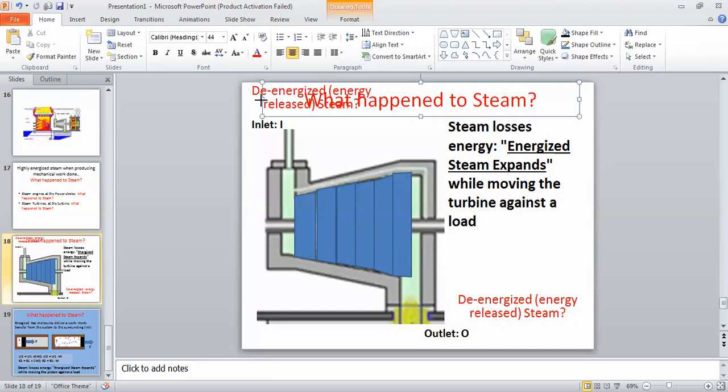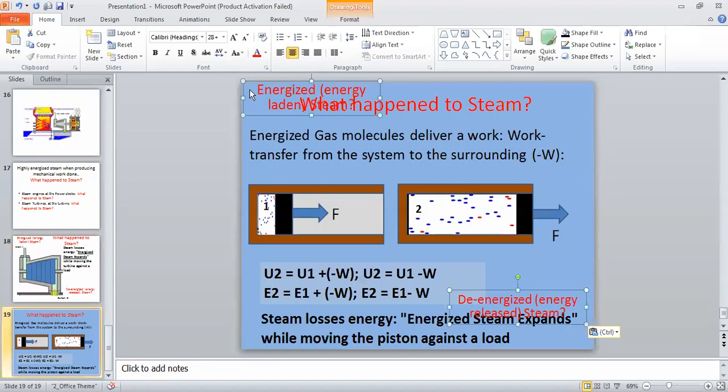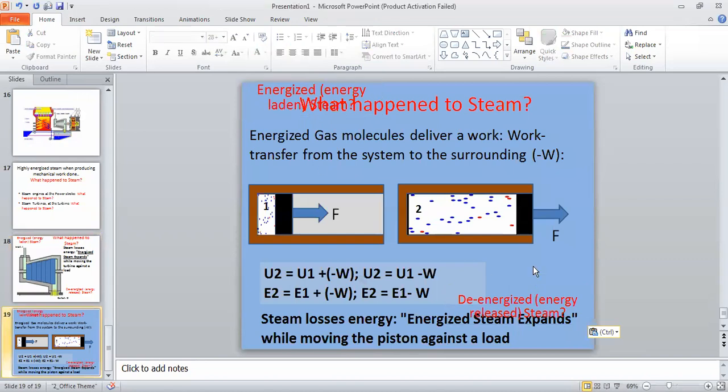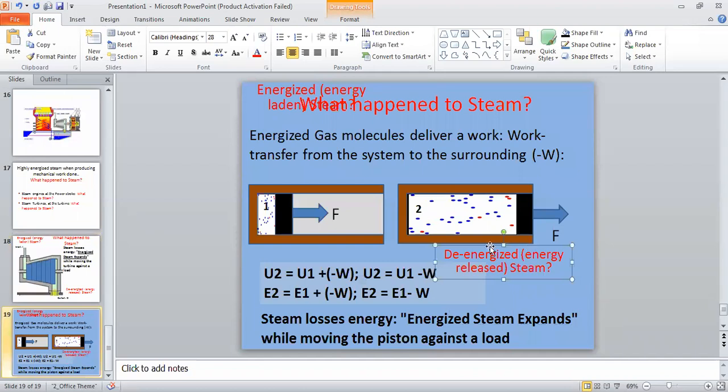So here, energized, or energy loaded, or energy laden steam. Okay. So energy released.